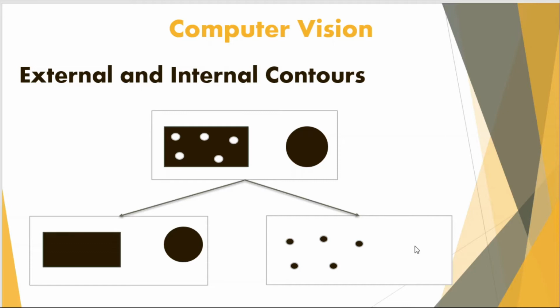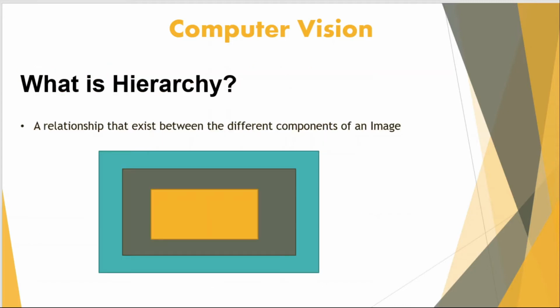Next I would like to talk about different types of hierarchy in the image. Sometimes objects are in different locations, but in some cases some shapes are inside other shapes, just like a nested figure, and we saw an example in the previous slide. In this case we call the outer one a parent and the inner one a child. This way, contours in an image have a relationship to each other.